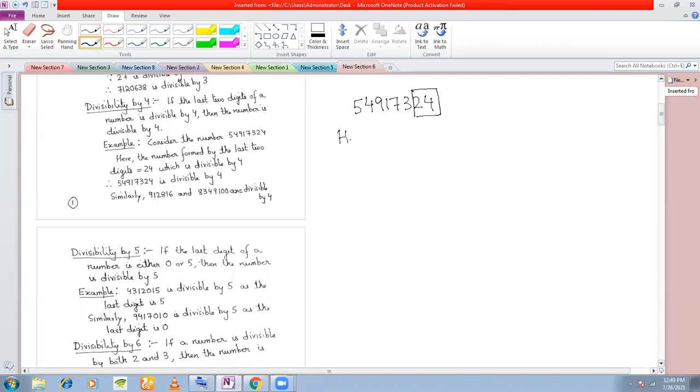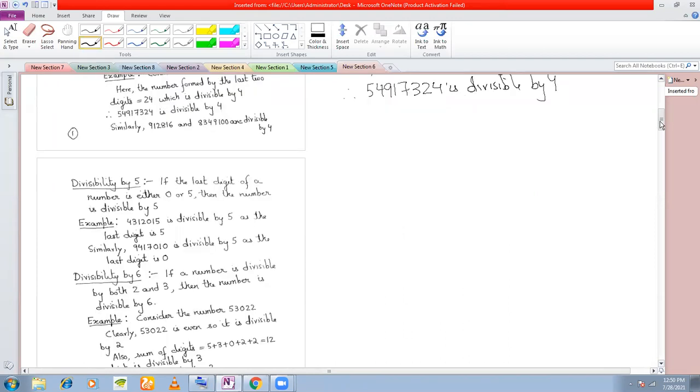Here I see 24 is divisible by 4. So if 24 is divisible by 4, therefore we say the entire number is divisible by 4. Okay. Are we clear with this?